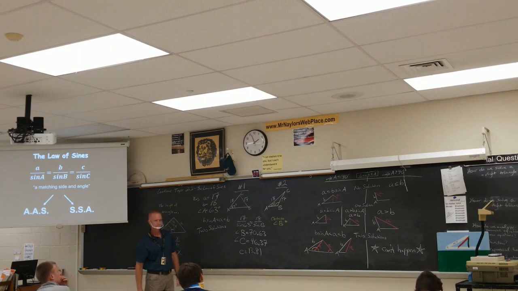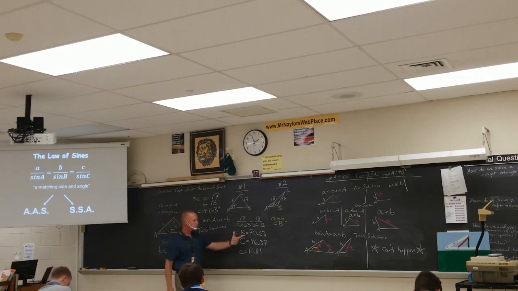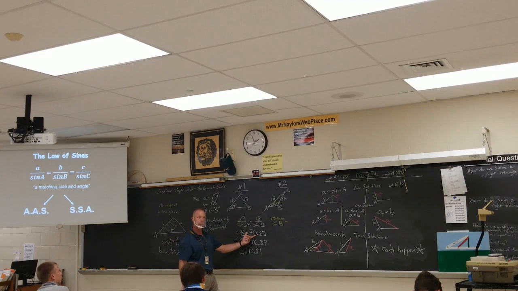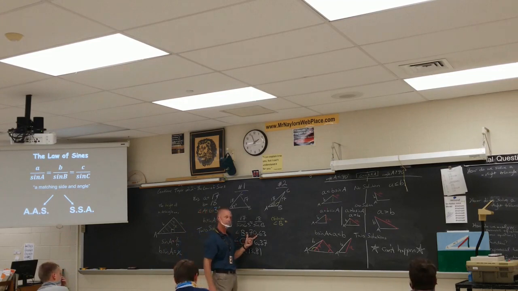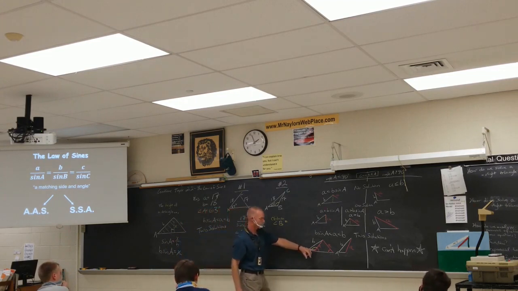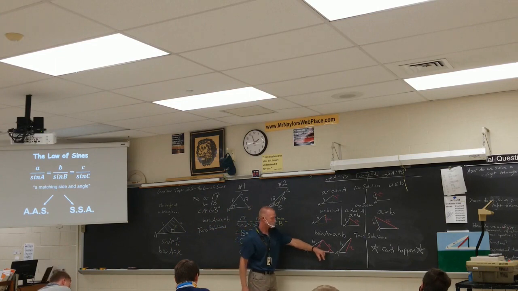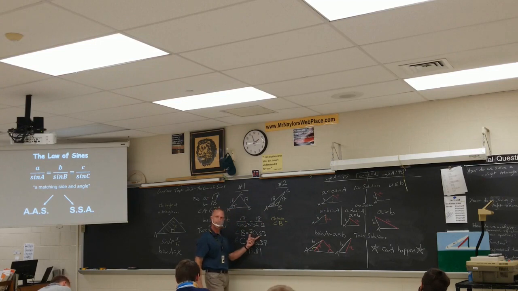Do you see? Okay, it would have something to do with 70. Now you have to realize that 70 is that pink angle that we were talking about, because this pink angle was the original angle B. So it has something to do with 70.